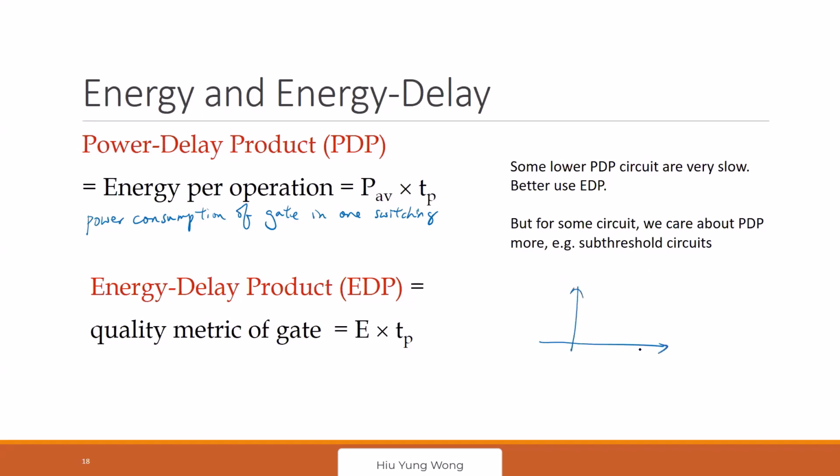If you plot the log scale of the current as a function of VG, you will see this. This is VTH. Below VTH, I have very low power consumption, but I can still operate it. It has orders of magnitude difference between when I turn on the VG and turn off the VG, right? So for this type of circuit, we care more about the PDP, power delay product. So it really depends.